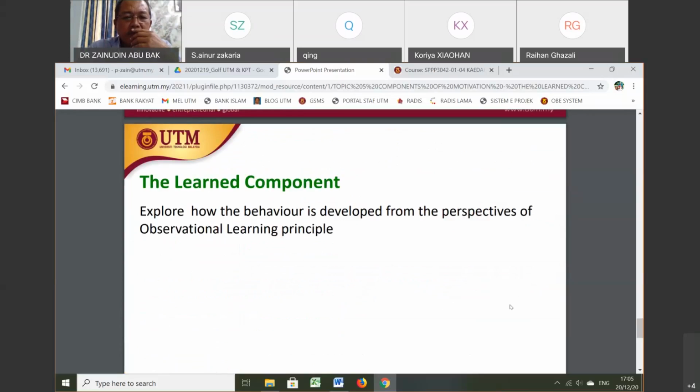Another thing is to explore how behavior is developed from the perspective of the observational learning principle. So to end this session, the first one that I expect you to explore is the behaviorism theory. Try to learn the principle of stimulus and response and how it works in developing or maintaining the motivational level of the children. In what way?